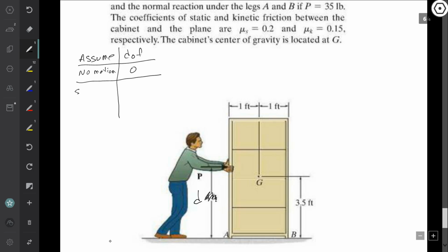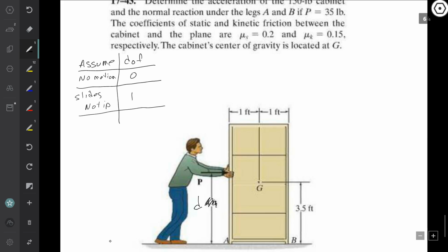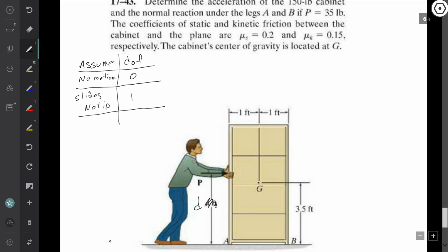Another one would be that it slides, but no tip. Doesn't tip over, just slides. If that's what's happening, the degree of freedom is 1. It's possible that it doesn't slide, but it does tip. If it tips without sliding, in other words, it sticks at point B, maybe there's bubble gum or something stuck there at B, and I push hard enough, it flips over.